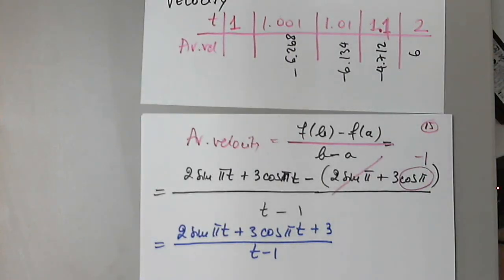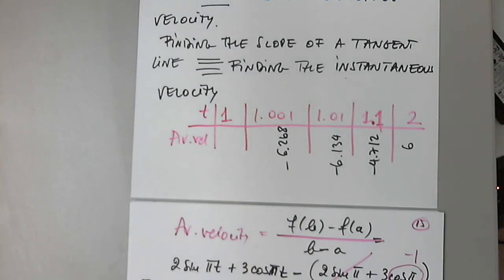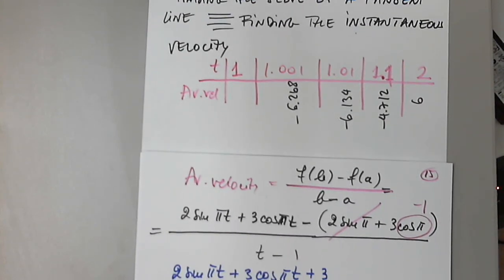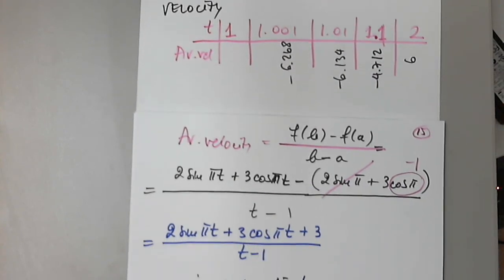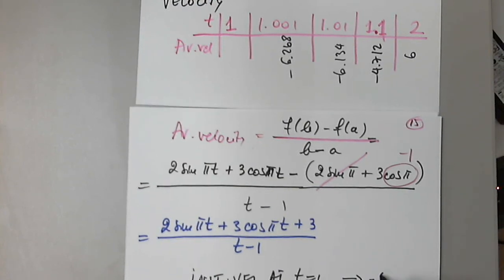And what will you conclude about the instantaneous velocity at 1? Instantaneous velocity at t equals 1. What would you say that will equal to? Negative 6.2832 meters per second.